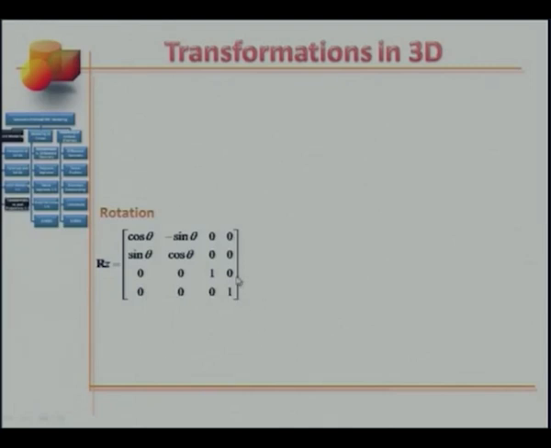No translation and no perspective, and the global scaling factor is 1. You can verify that the top left part of this matrix is orthogonal.